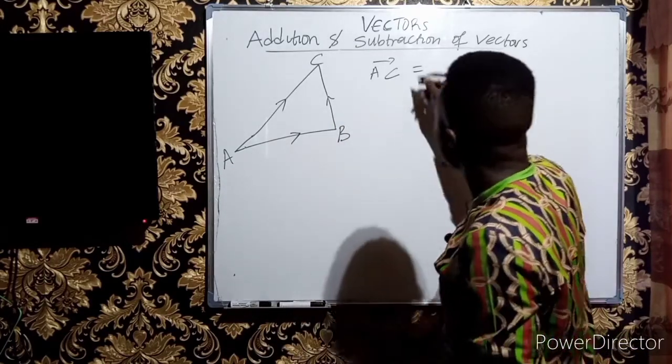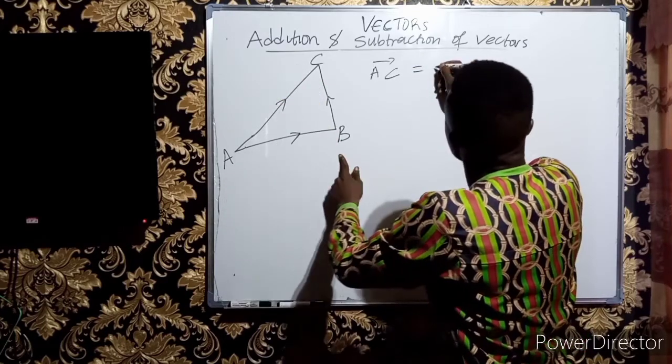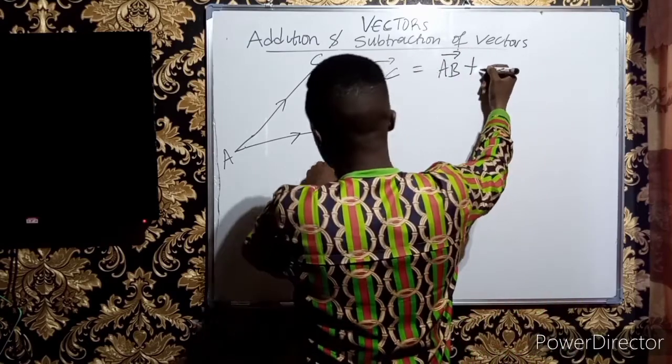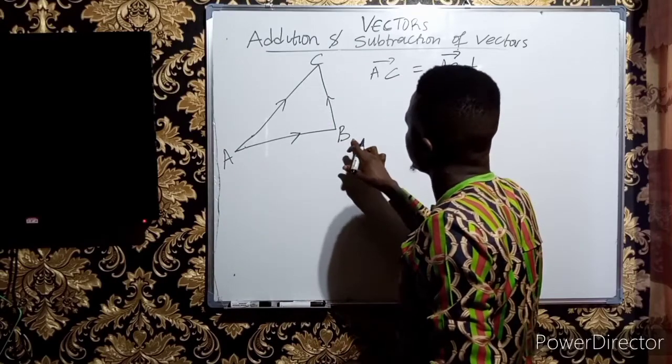So now, vector AC will be equal to AB plus BC.